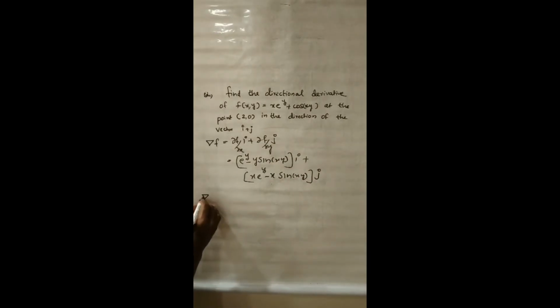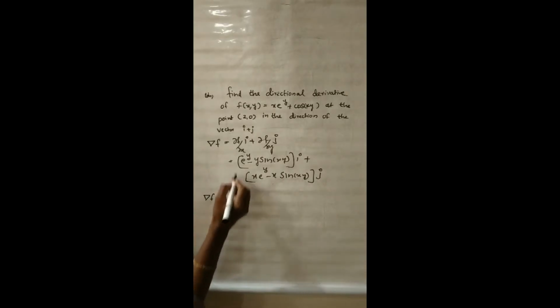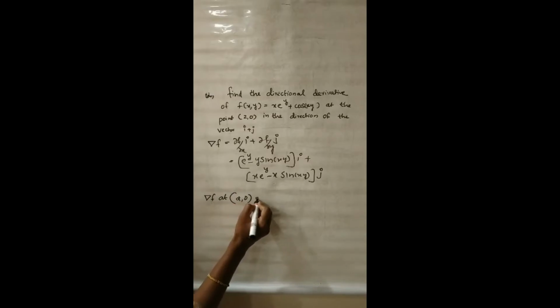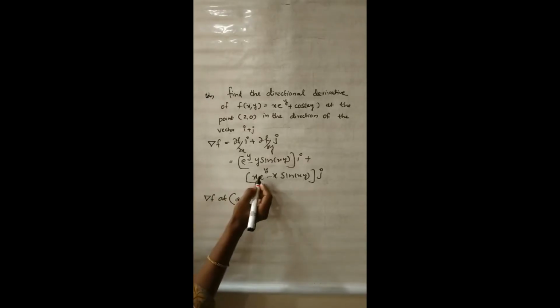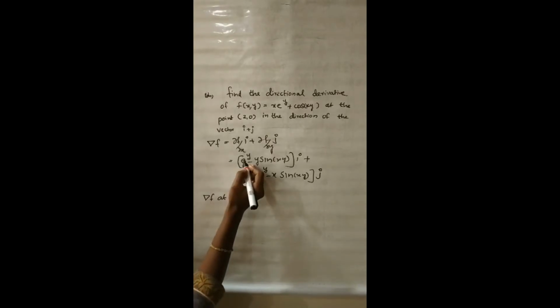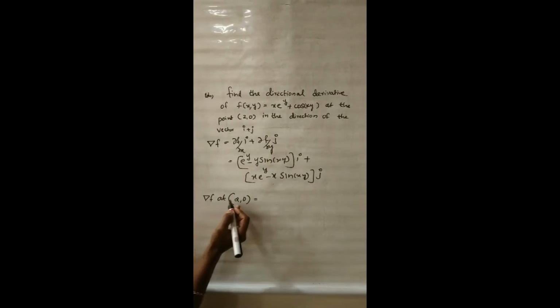Then find del f at the point. We have to find the gradient at the point (2, 0). Del f at any x y point is this one. So putting x equal to 2 and y equal to 0 in this expression, we get the gradient of f at (2, 0).